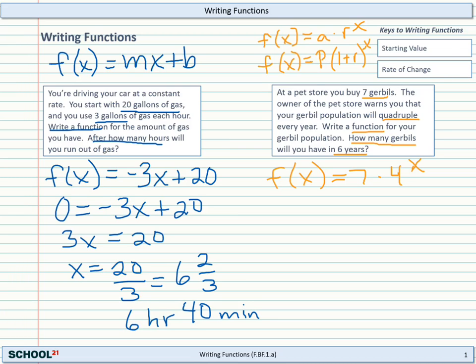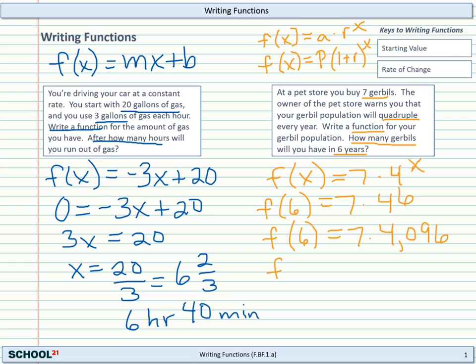Now, then it asks us how many gerbils will we have in 6 years. So we need to find f of 6. So that equals 7 times 4 to the 6th. We can use a calculator to do that exponential there, which is 4 to the 6th is 4,096.